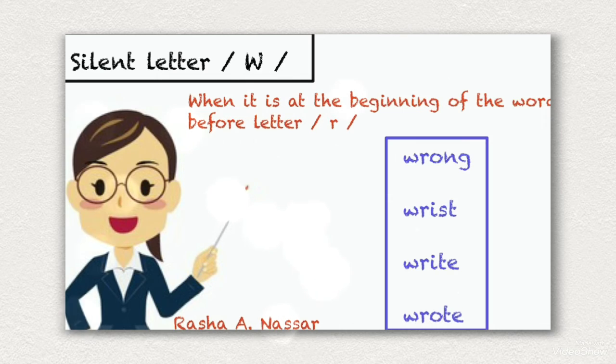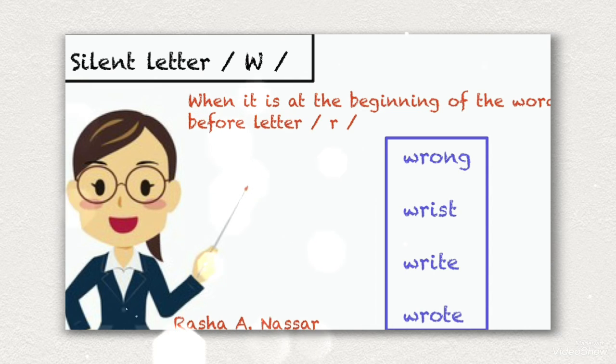And now we will see our last silent letter. It is letter W. So I can pronounce letter W in many words, but in some cases we will not pronounce letter W. It will be a silent letter.